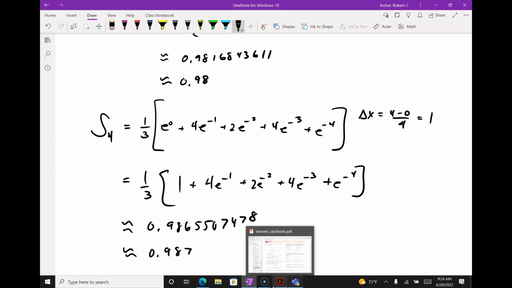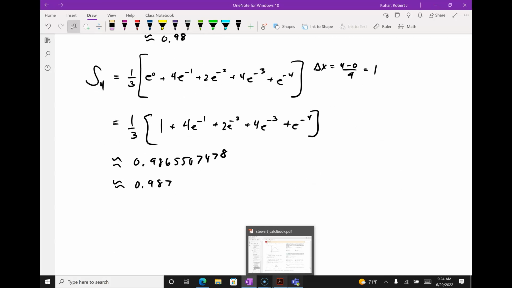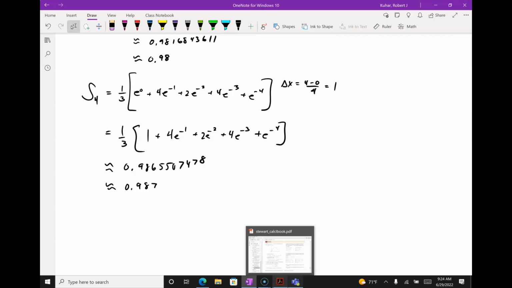All we need is enough terms from Maclaurin to be within 0.007, plus or minus, of 0.98, right?